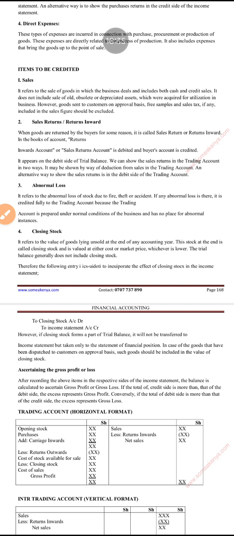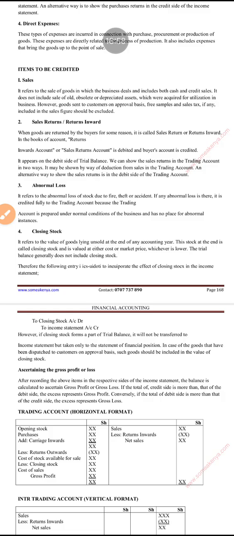So what you are saying is, in most cases, the closing stock is not included in the trial balance. Reason: the valuation of closing stock, as covered under IAS 2, is at the lower of net realizable value or cost.